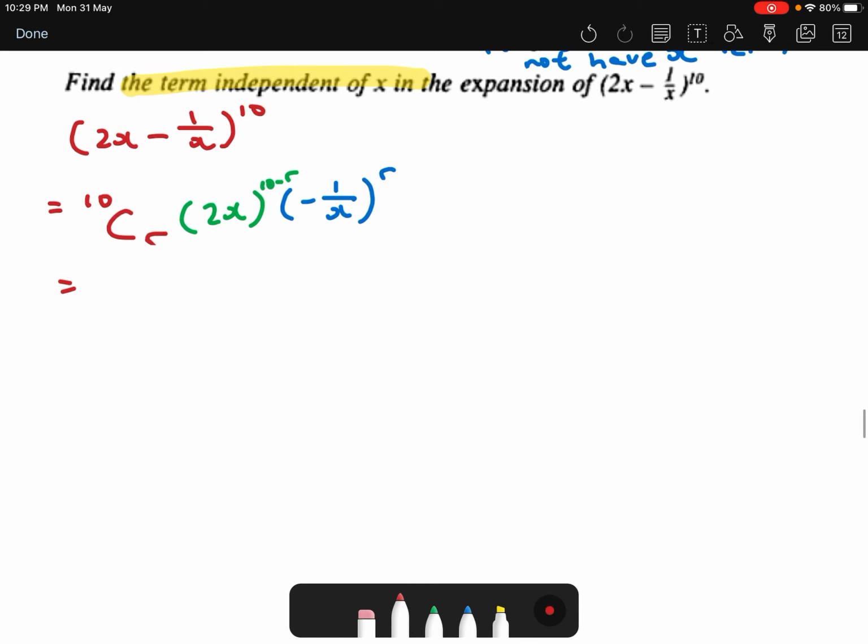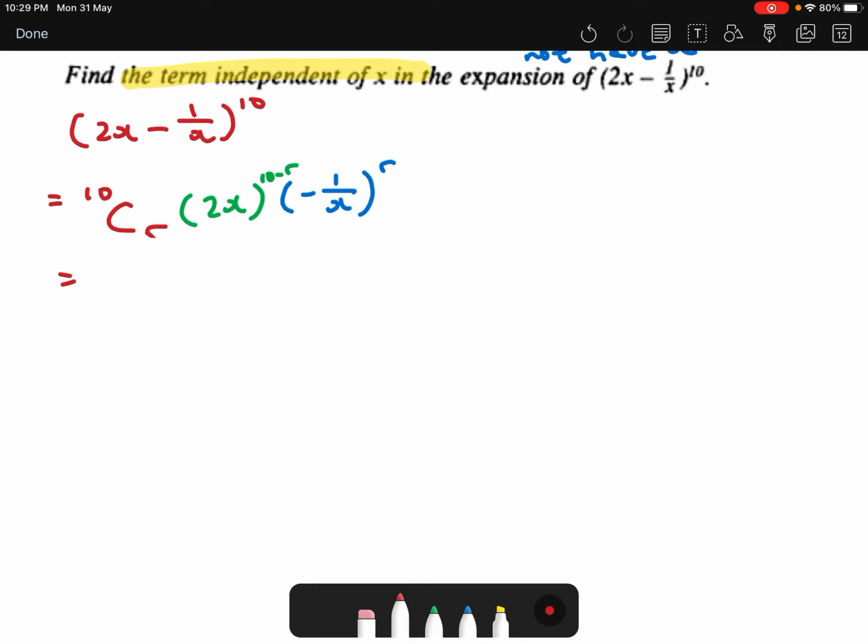Move everything that is the constant to the side first: 10 choose r, then 2 to the power of 10 minus r, then minus 1 to the power of r. Then after that, put in your x term.